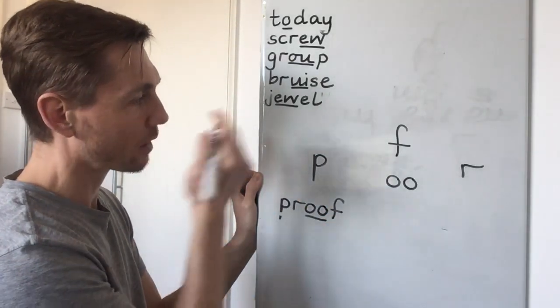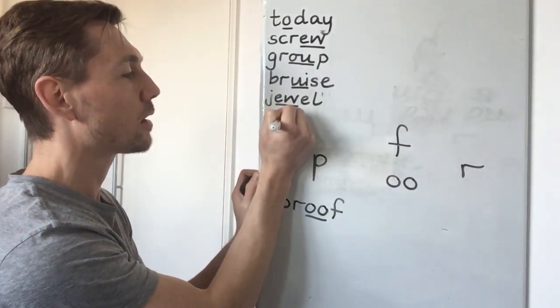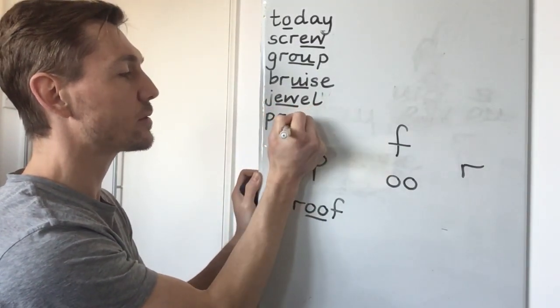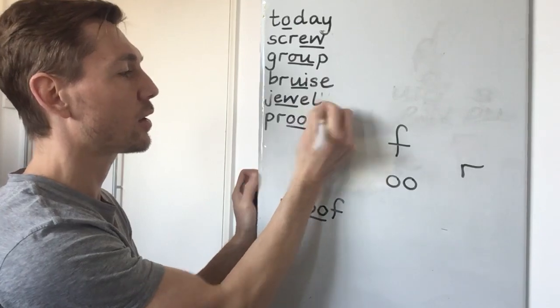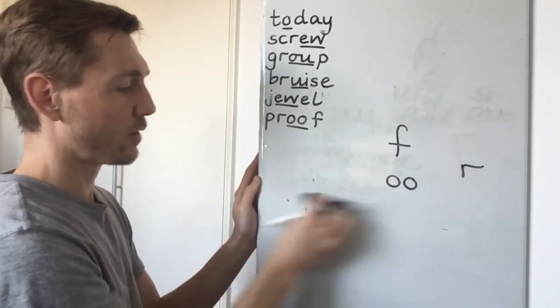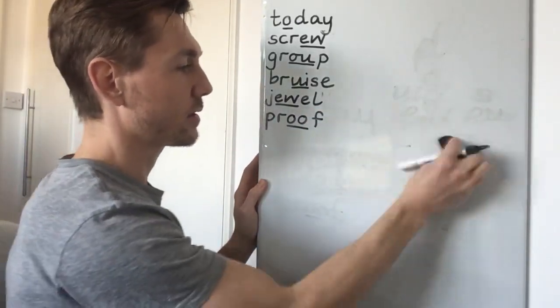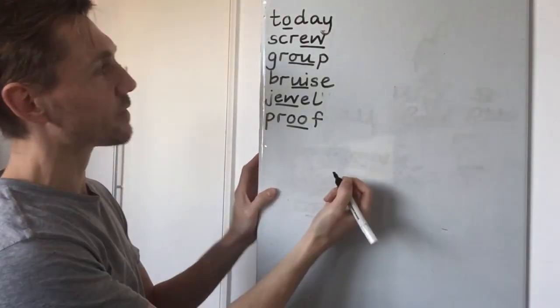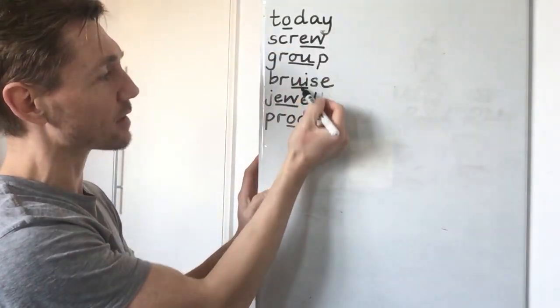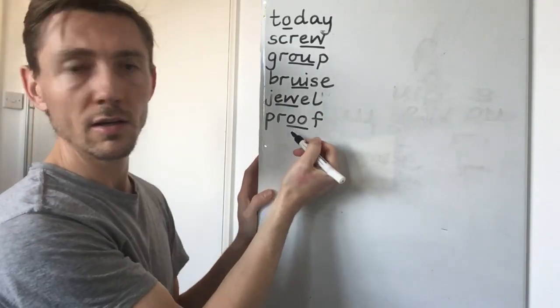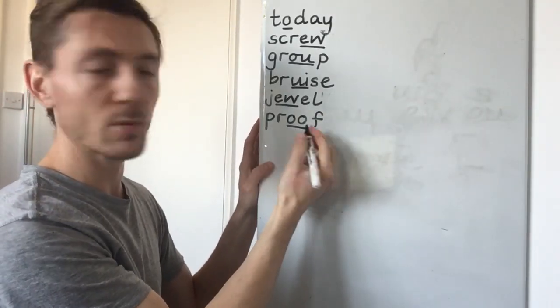And you're underlining that double O spelling of oo in proof. So just check that you've got all of those different oo spellings underlined so you know the letters that are being used to spell that sound in each word.